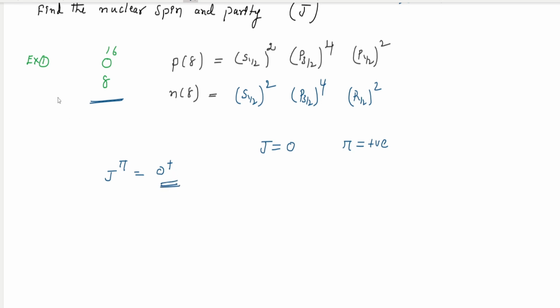This is an even nucleus. What happens in case there is an even-odd nucleus?